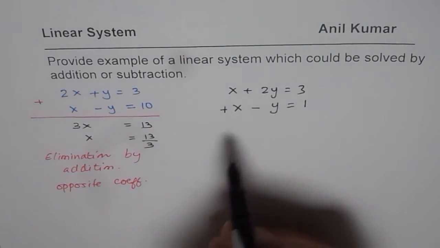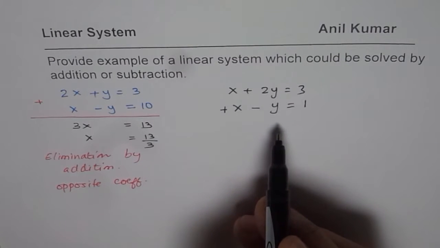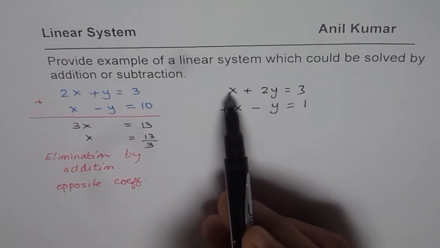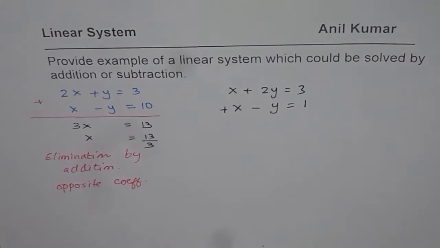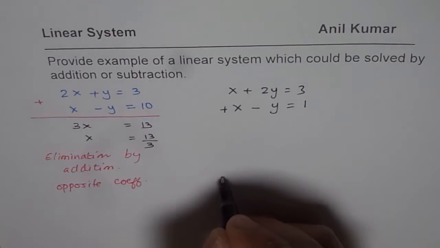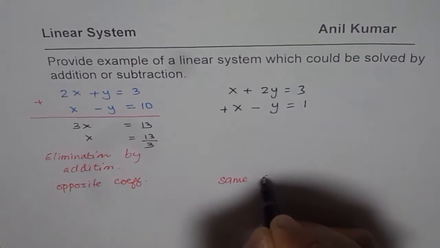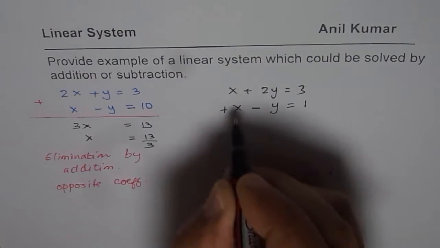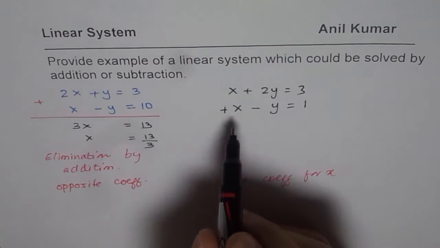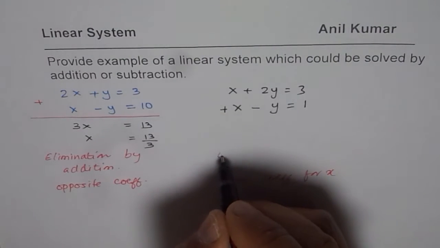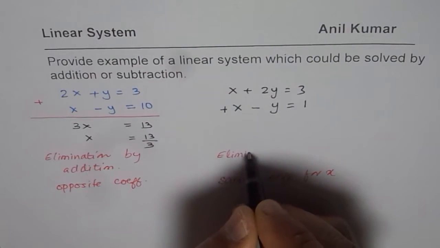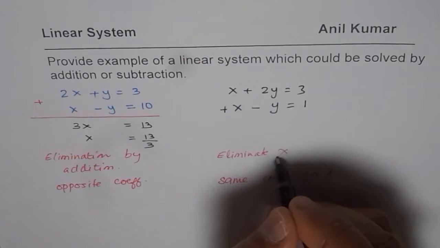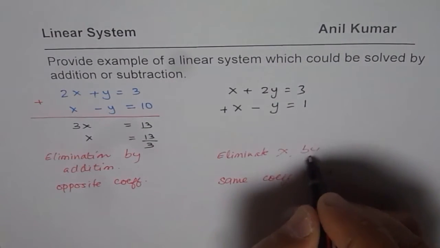Now in these equations, what you notice is that the coefficient of x is the same. So in such a case, you can eliminate x, one of the variables, by subtraction.